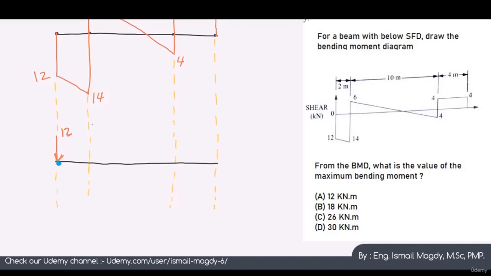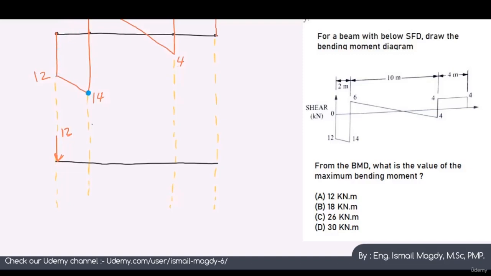Starting from here, the force will keep changing, as we can see, from 12 till it reaches 14. It is increasing in the negative sign, which means there is an increase in the vertical forces here, but it is going gradually. And we know that a gradual change in shear force means there are distributed forces here. So what is the value of the distributed forces? We have this length of 2 meters, and the increase in the shear force from 12 to 14.